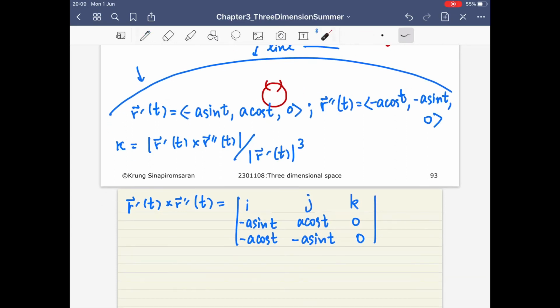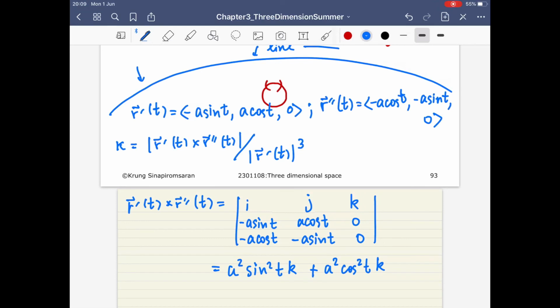So you do the diagonal multiply. The first diagonal is 0, the second diagonal also 0, but the third diagonal survives. So you get a squared sine squared t k, and then with the upward diagonal multiply, you have negative a squared cosine squared t k, but since it is the upward multiply, you have the plus.